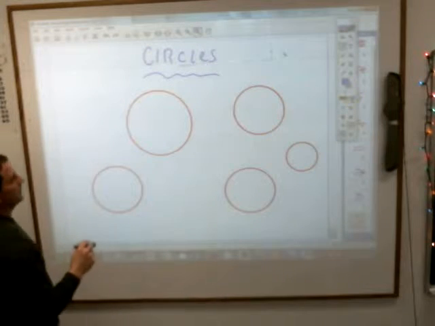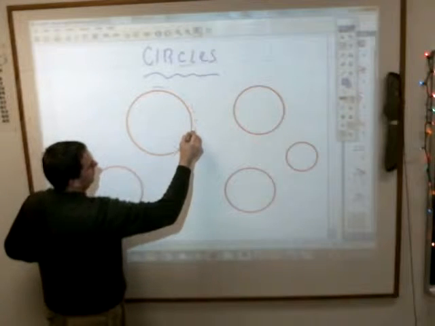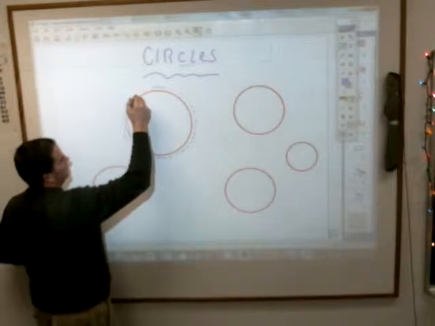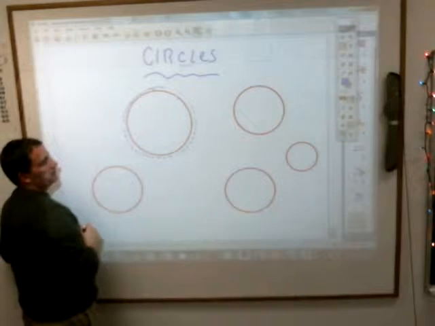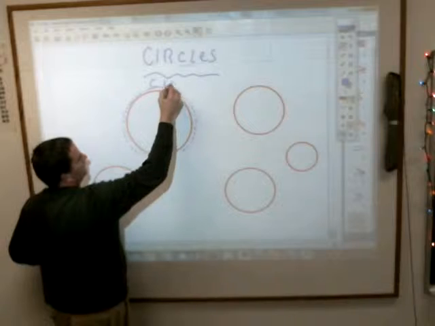Circles. The distance around a circle, if you went all the way around a circle's perimeter, is not called perimeter. A circle's perimeter is called its circumference.